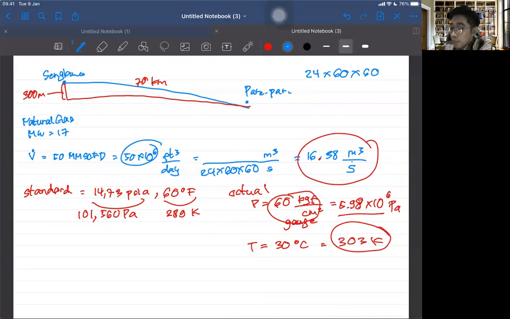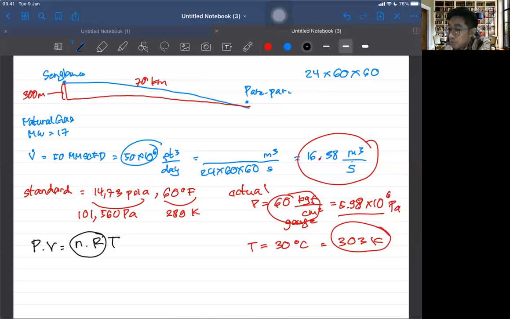So basically you remember the ideal gas, right? PV equals nRT. Because this one is always constant. If you just compress or expand the gas, only the pressure, the volume, and the temperature will be changed. The mole or the mass will be the same.